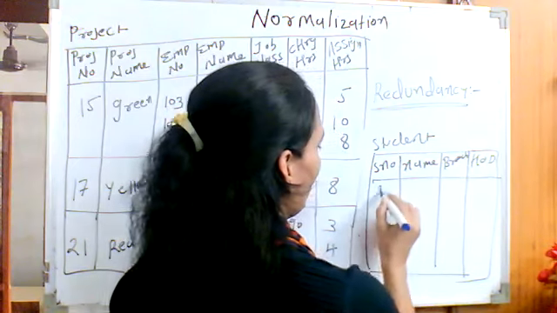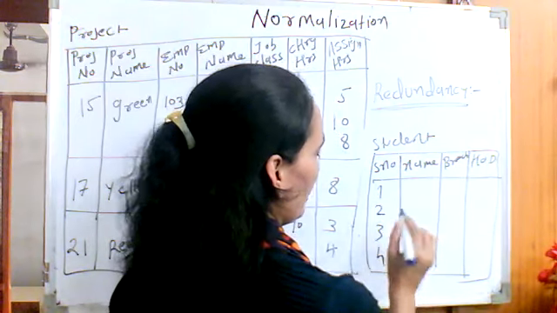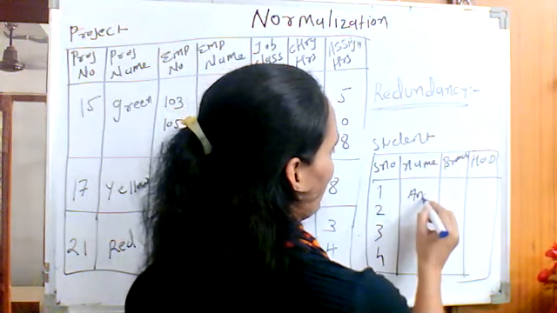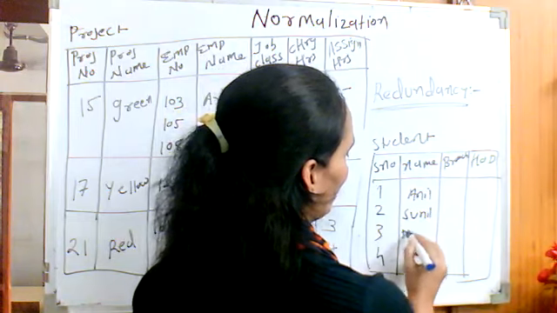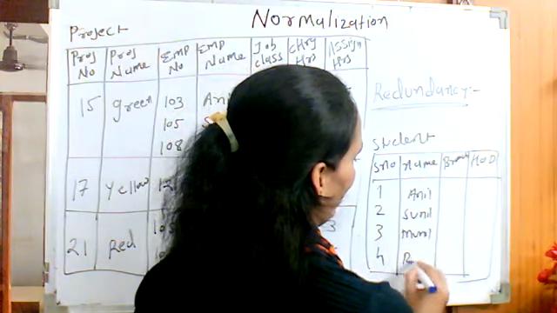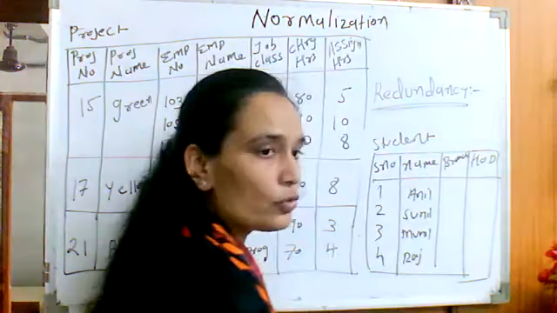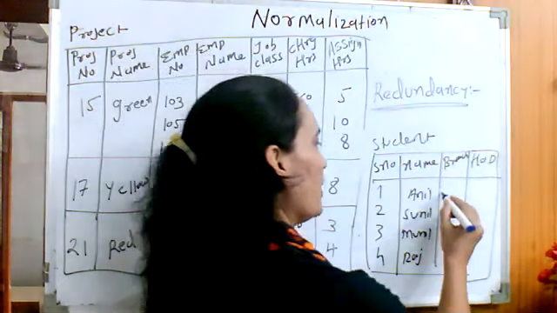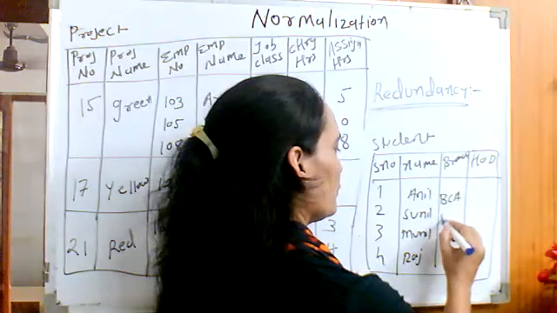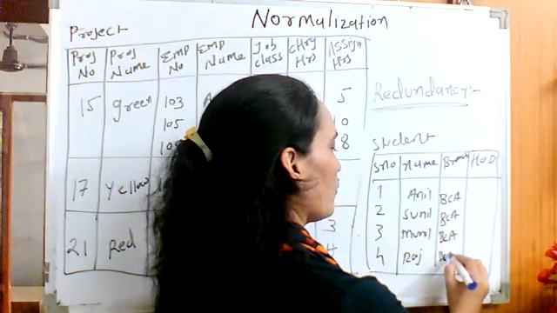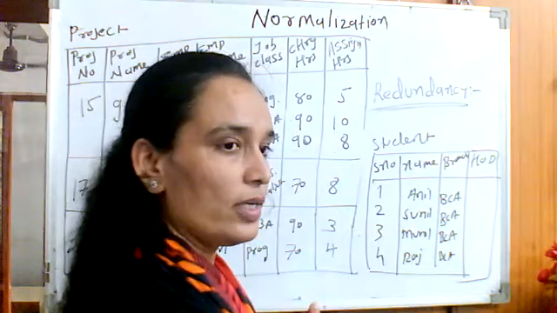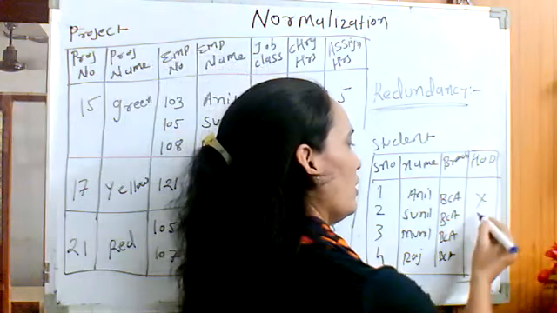For example, we are taking only 4 records. Their names are Sunil, Anil, Munil and Raj. These students are all studying in the BCA department. And there is one HOD whose name is Mr. X.